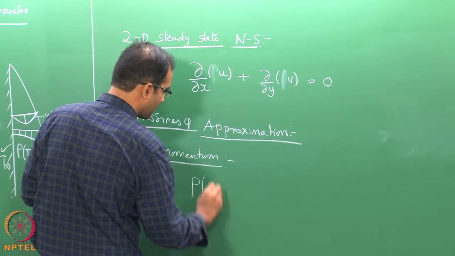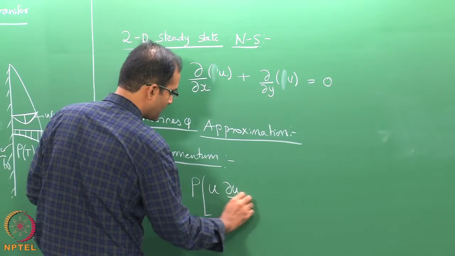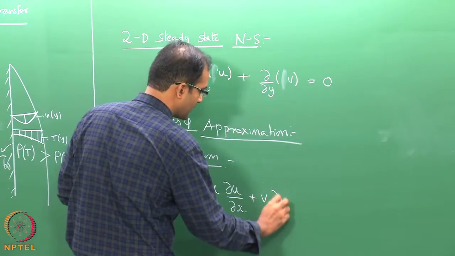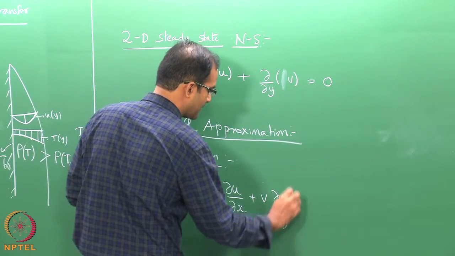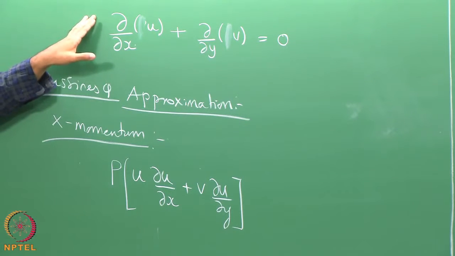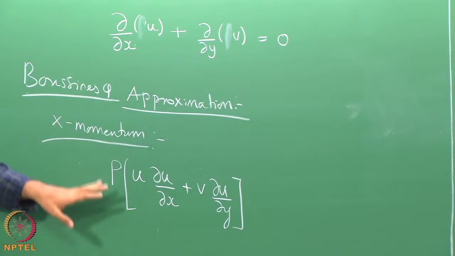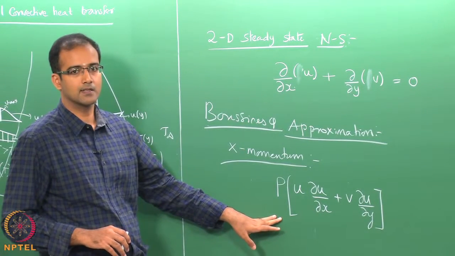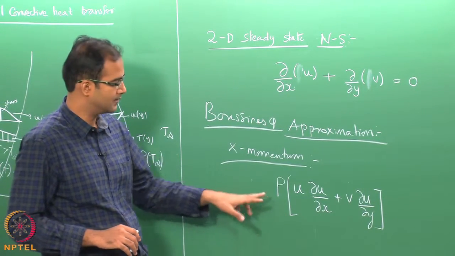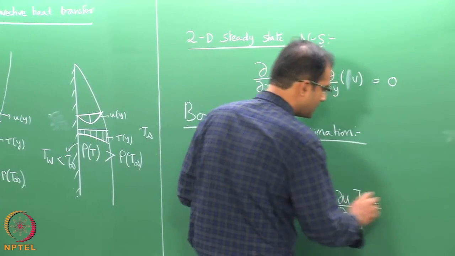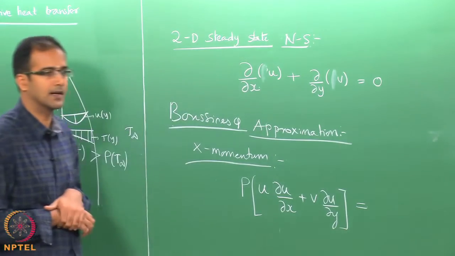So, rho of u du/dx plus v du/dy, this is your convective term. According to the Boussinesq approximation, both in the continuity equation and in the convective acceleration part of the momentum equation, you can take density to be a constant. So, this is equal to, what are all the terms on the right hand side?